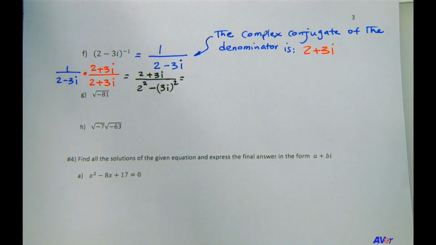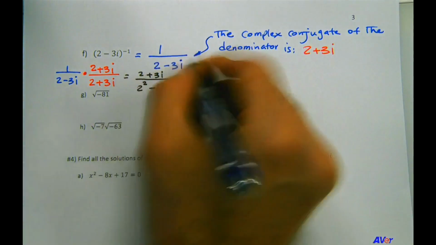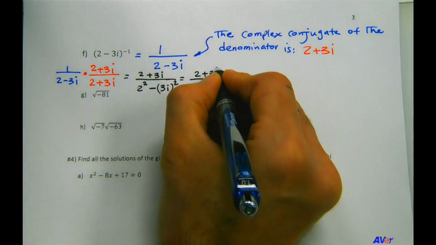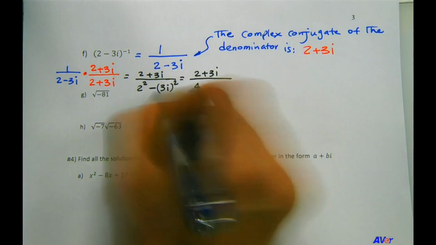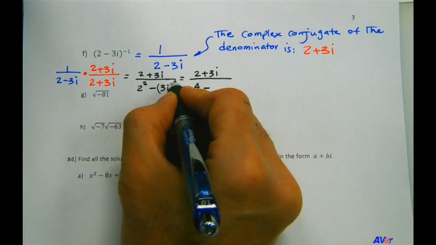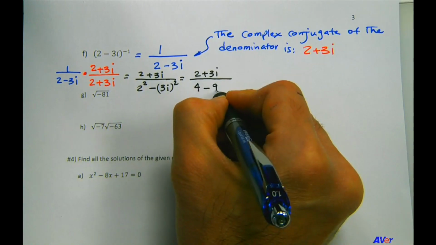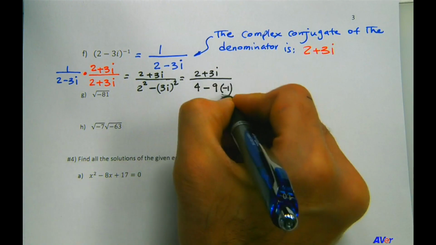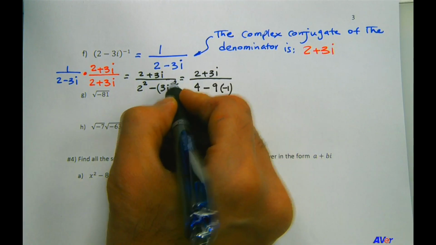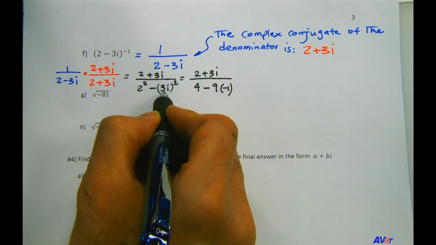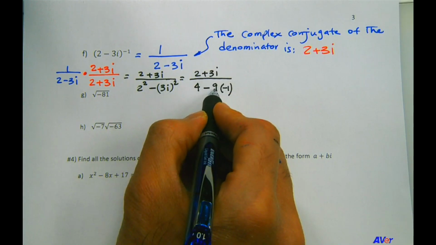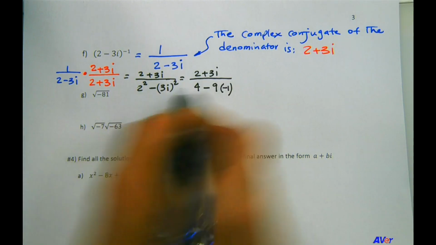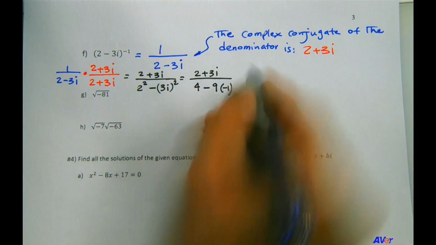Right? Like that. Okay, so in the numerator, we have 2 plus 3i. In the denominator, we have 4 minus 3 squared is 9. I squared is negative 1, right? If you distribute this outside power into 3 and into i, you get 9 and i squared, which is minus 1. And this minus multiplies itself by both of these. So what do we get?